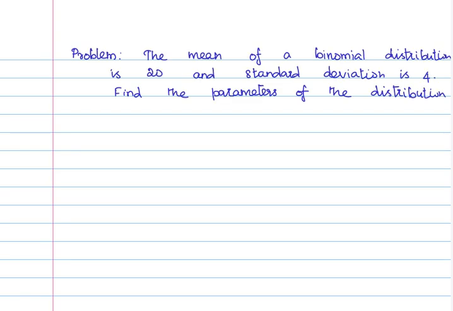Next we see a few problems. The mean of a binomial distribution is 20 and the standard deviation is 4. Find the parameters of the distribution. The parameters of the binomial distribution are the number of trials and the probability of success in each trial.